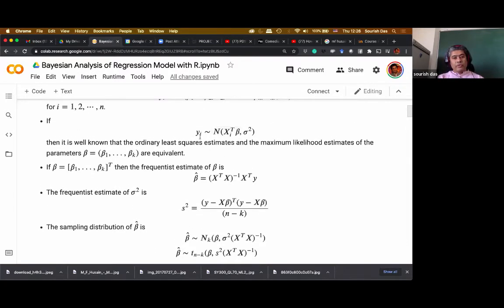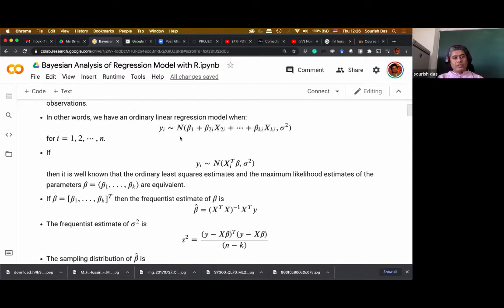Here is your starting point, right? This is effectively a univariate normal, y i given x i, beta, sigma square.